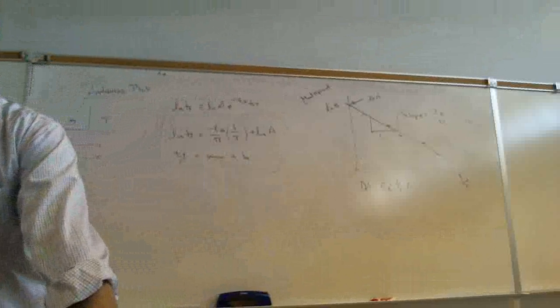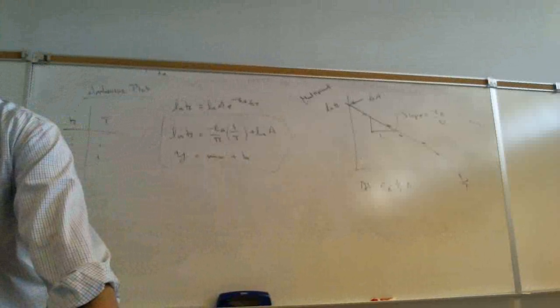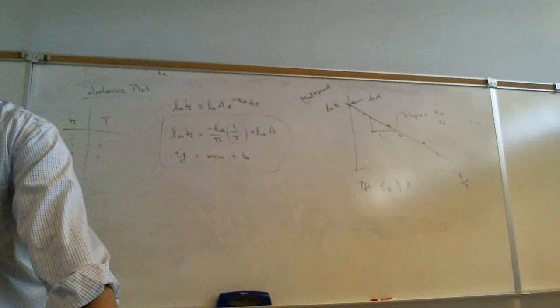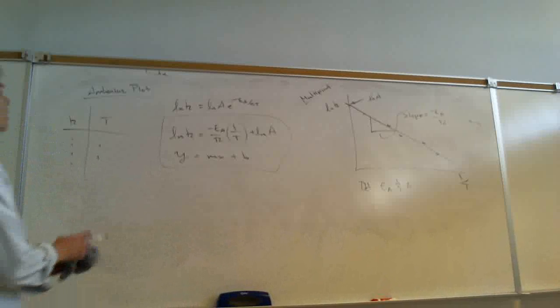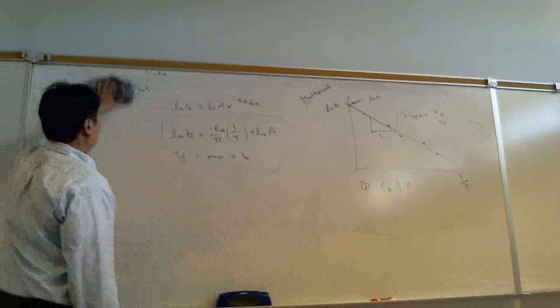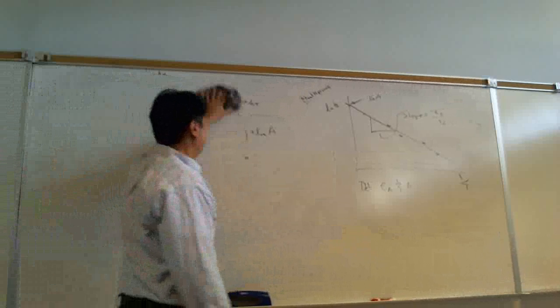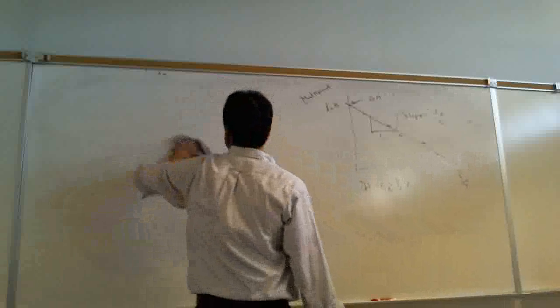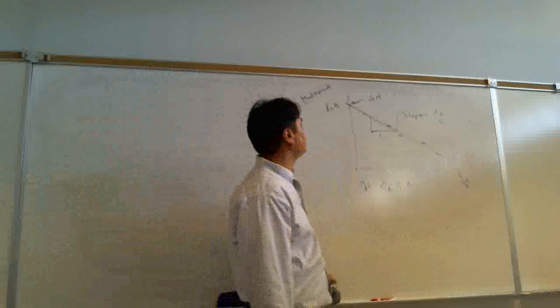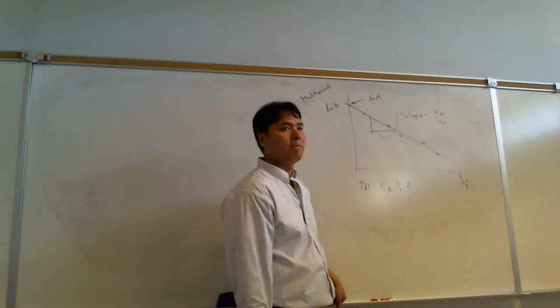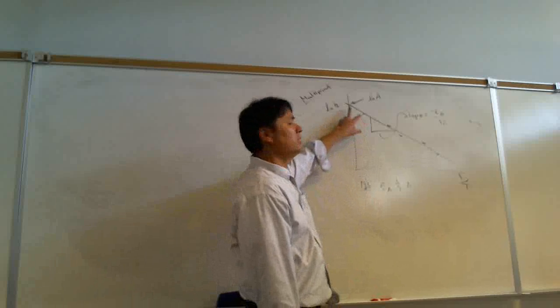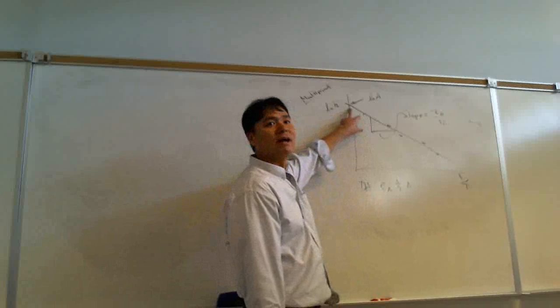But really, to define a straight line, we only need 2 points. So this is a 2-point analysis. 2-point is fine in theory, but in practice, 2 points could be a little bit uncertain because of random error.